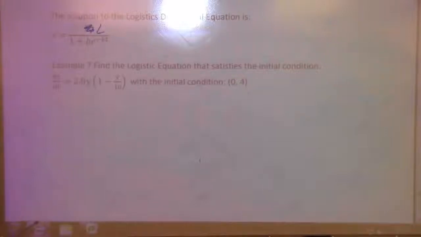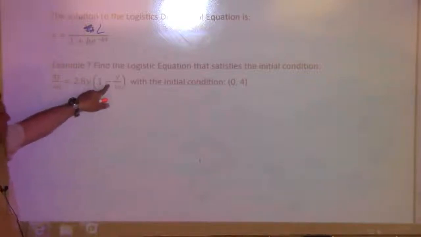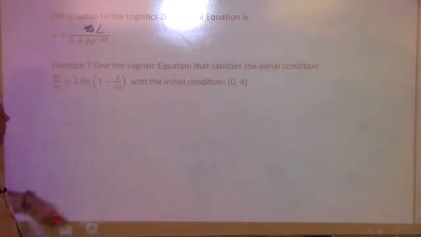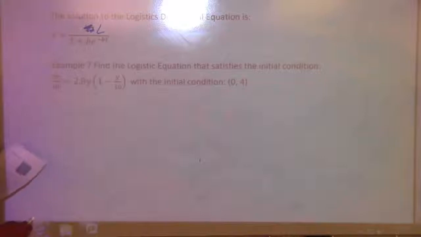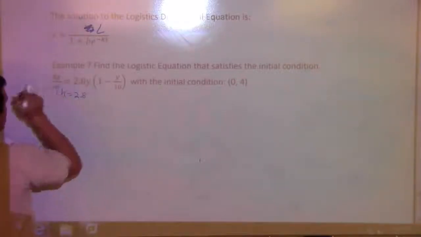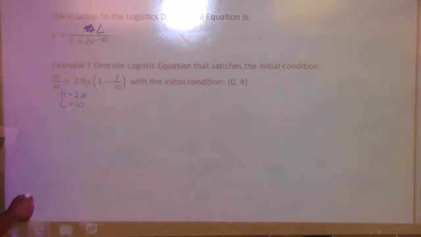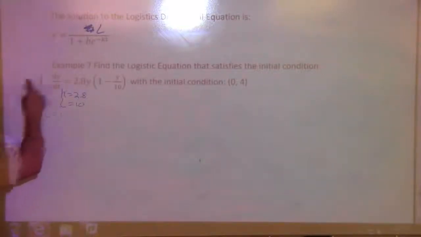So find the logistic equation that satisfies dy/dt equals 2.8y times the quantity 1 minus y over 10, with the initial condition of 0, 0.7. So our k in this case is 2.8 and the L would be 10. Yeah, so that should be an L up there.